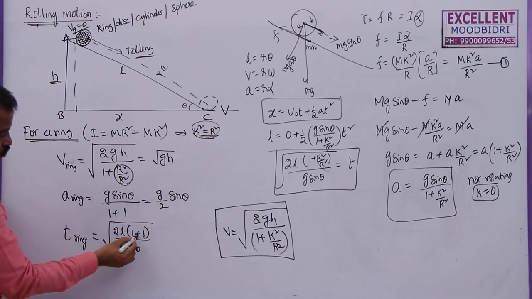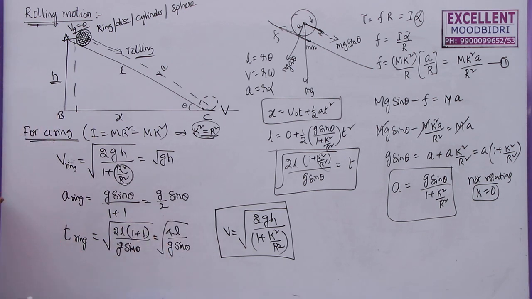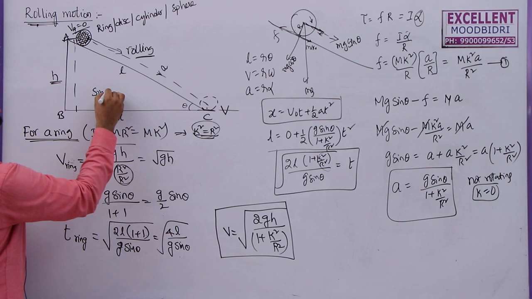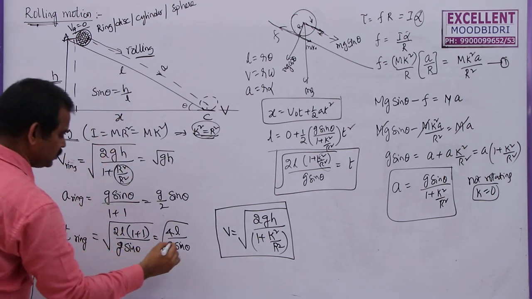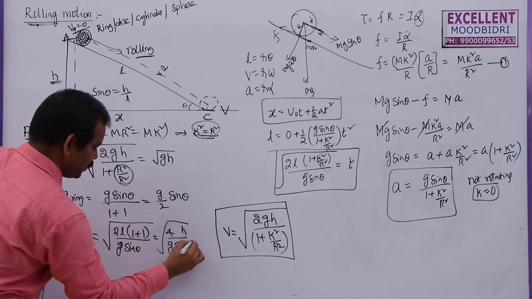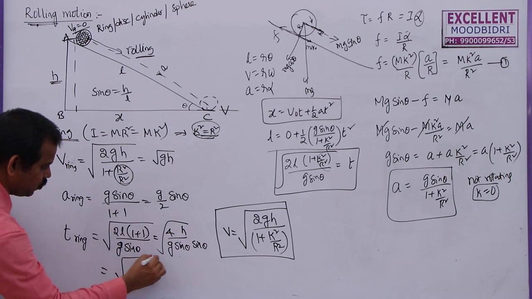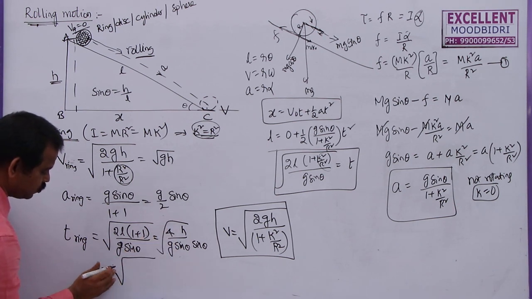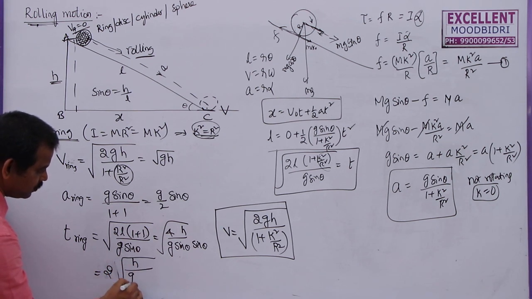You can see this 1 plus 1 is 2, so this is root over 4L by g sin theta. If L is given, you can use this one. Otherwise, we have sin theta is equal to h by L, so in place of L, you can write h by sin theta. So this is a root over 4, which means you can write 2 root over h by g.